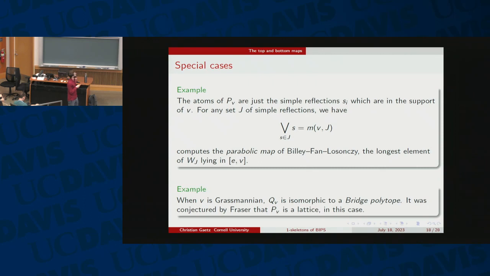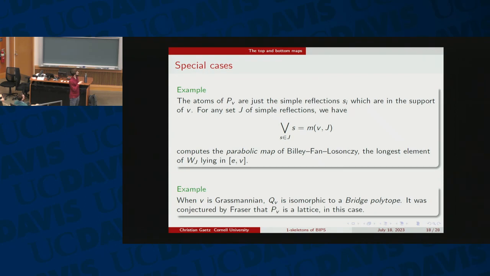They prove that for any subset of the atoms, there is a unique longest element in the subgroup generated by those atoms, which lies below v. They call that element m_v^J. And in this poset, that element is just the join of the atoms in question.